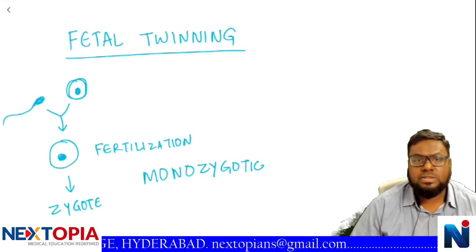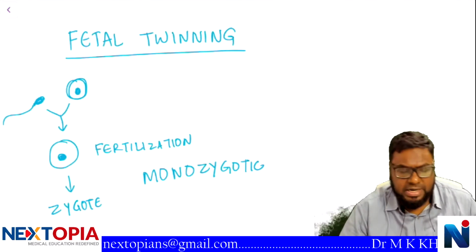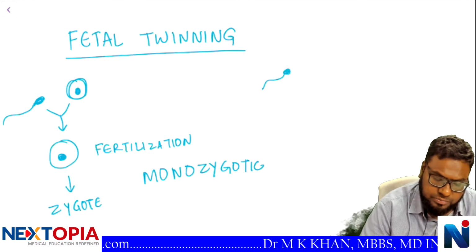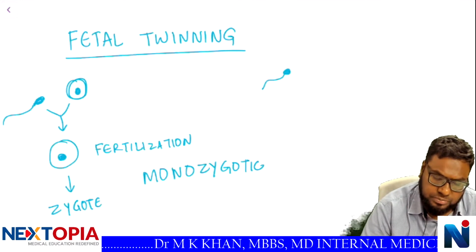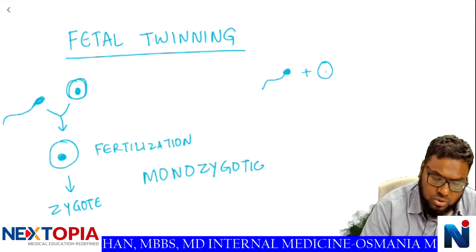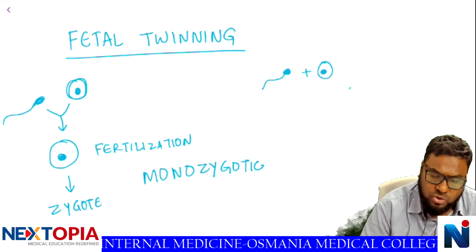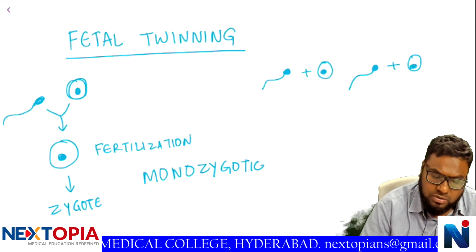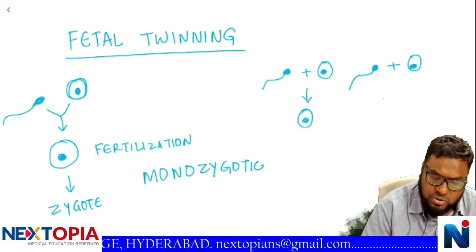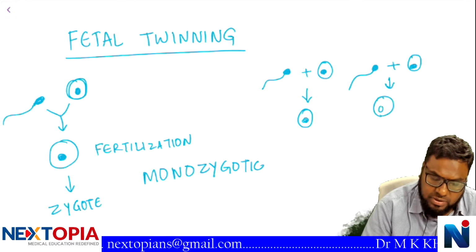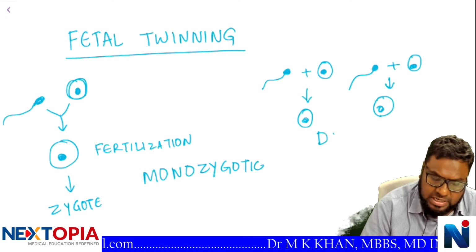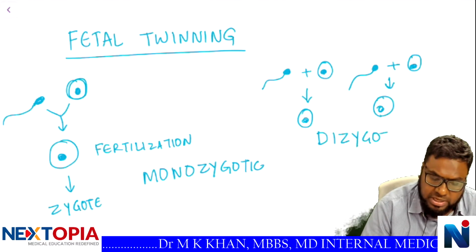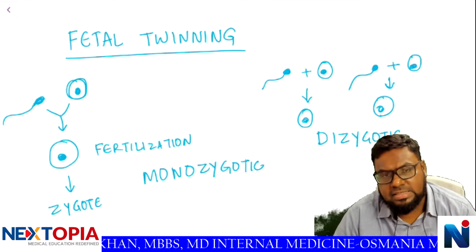At the same time, imagine there is fertilization of two separate ova, a sperm plus an ovum. Because of two ovulations, a sperm plus an ovum, forming two zygotes, one zygote, another zygote. So this type of fertilization, you are calling it a dizygotic fertilization.